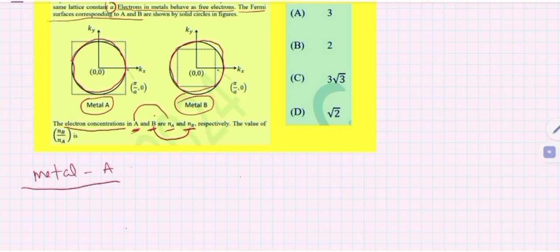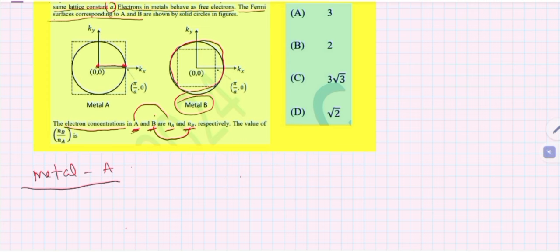So the lattice constant is A for both metals. Before discussing this further, let us try to understand the radius of the Fermi surface of metal A. It starts at the center point, and you move towards the Fermi surface, and at this point the edge stops, or the Fermi surface ends.